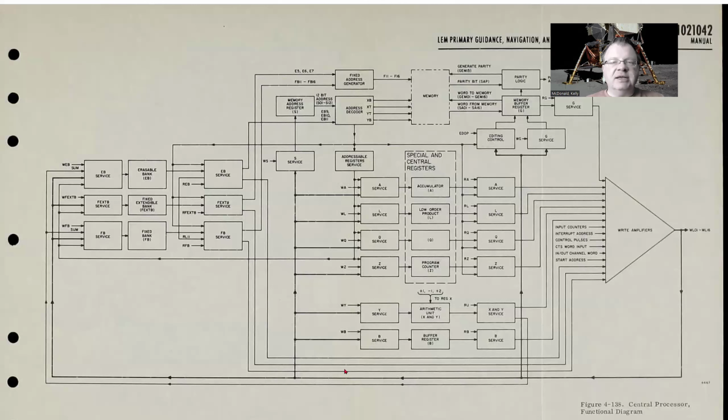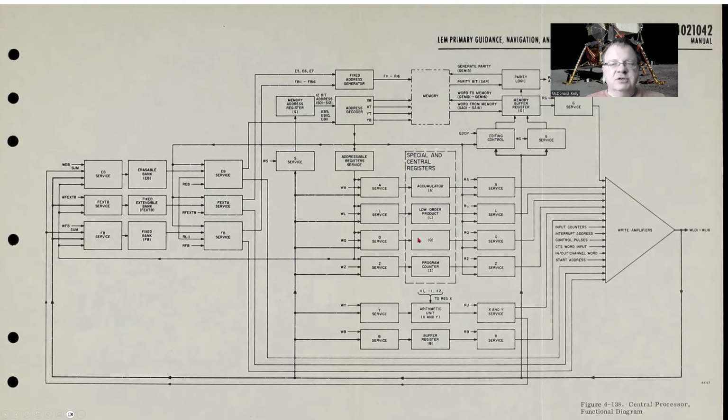And in the last video, we talked about the AGC, the central processor, and how the various components and registers are laid out, and the logic that provides control for information coming into the register. They call this, in this case, the Z service, and the write to Z pulse. So this is how data gets into the Z register. And then we've also got logic, which is how data gets out of the register.